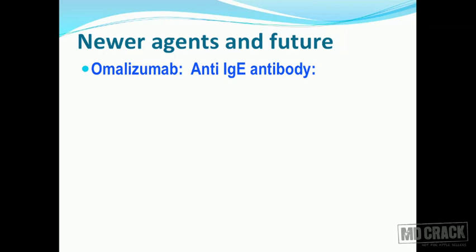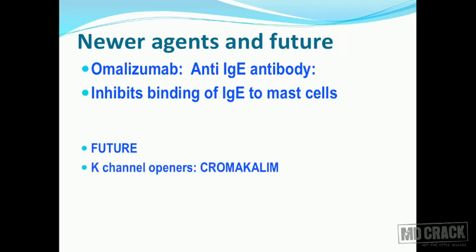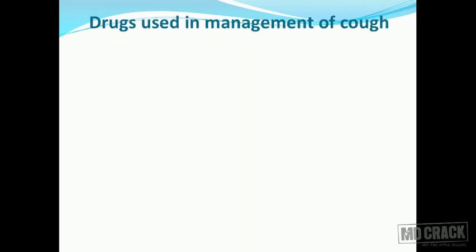So it's anti-IgE antibody. It inhibits binding of the IgE antibody to the mast cells. So that's a novel mechanism of action. As far as the future is concerned, we can think of potassium channel openers in the form of cromakalim. We can think of a monoclonal antibody against interleukin 4, interleukin 5, and cytokines.